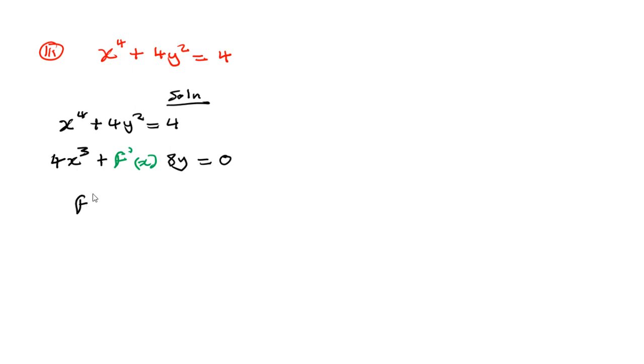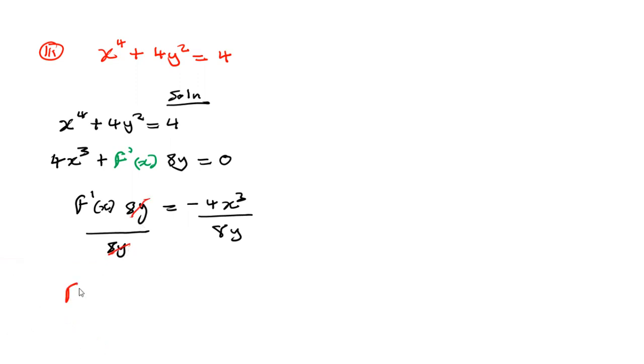So you're going to have f prime of x times 8y is simply equal to, this one goes to the other side, negative 4x cubed. After that, you can simply divide throughout by 8y. Then you observe that this 8y and that 8y cancel.